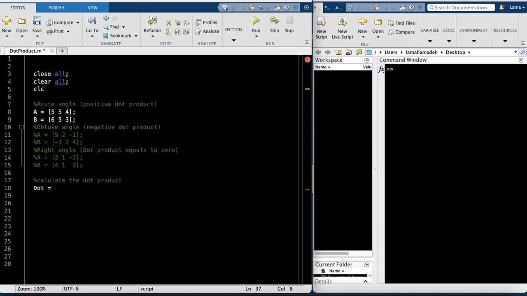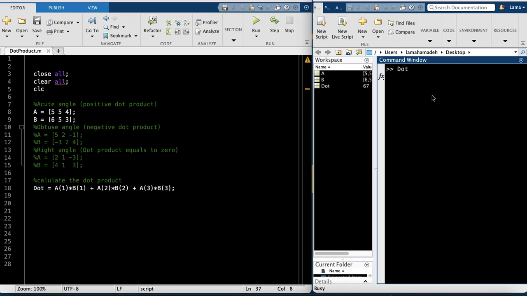Since I don't have the value of the theta or the angle between these two vectors, I only have the coordinates of these two vectors, then I can use the second definition. So I can say A1 times B1 plus A2 times B2 plus A3 times B3. And this will give me the dot product between these two. So let's run and see what the value will be.